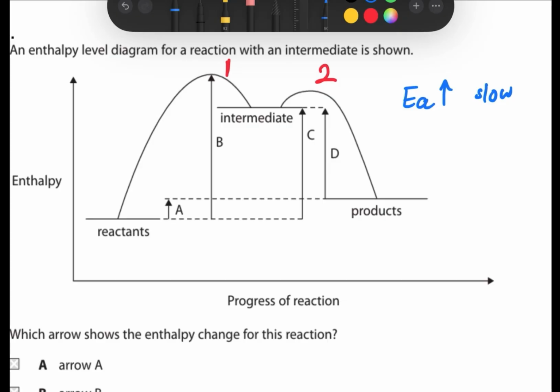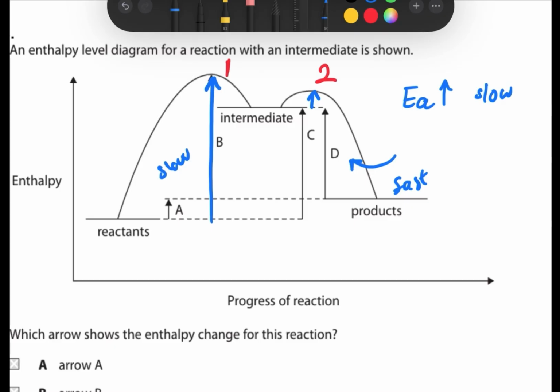Here we have the activation energy for the first reaction, and this is the activation energy for the second reaction. So the second reaction is very fast, and the first one is very slow since it has higher activation energy.